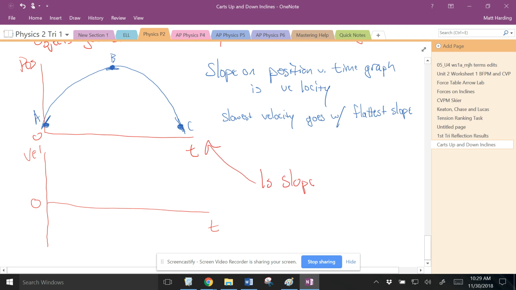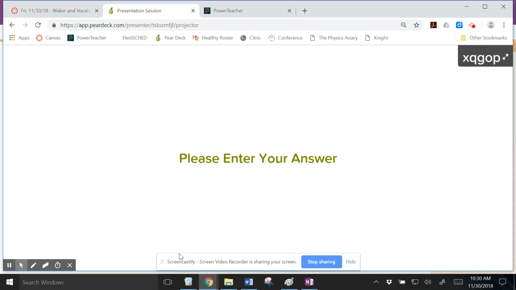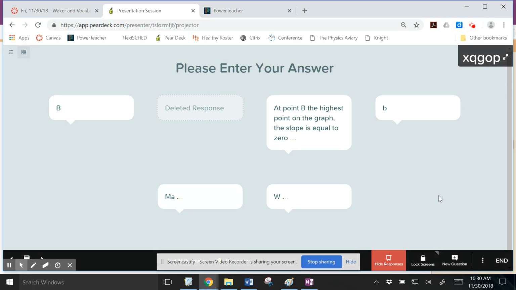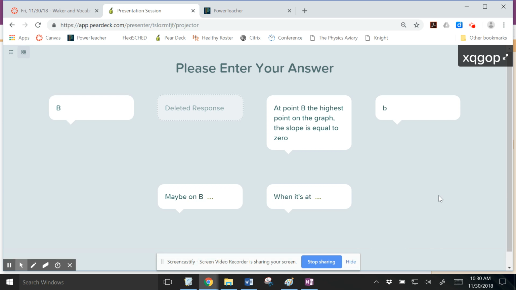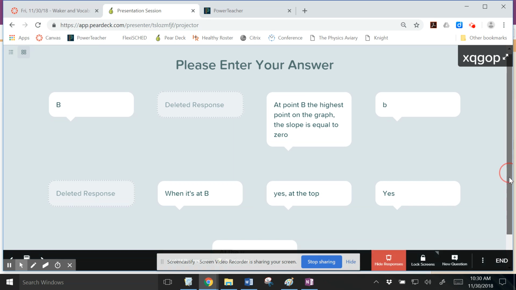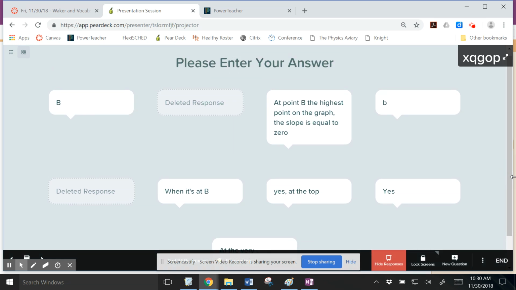So is the slope ever 0? And I'm talking about the position versus time graph. Is that slope ever 0? This is science. No yes, no answers.